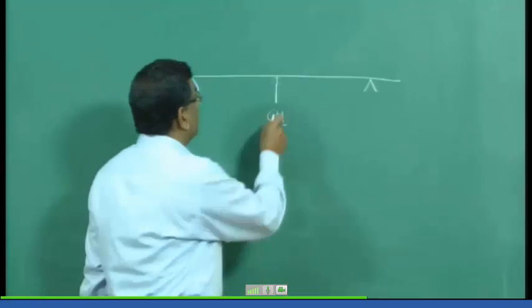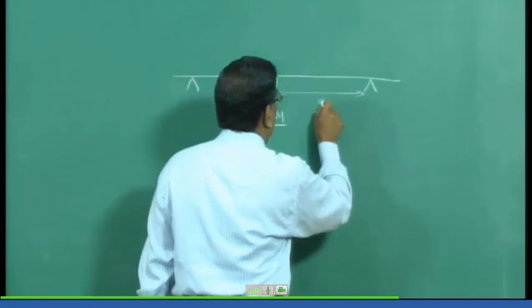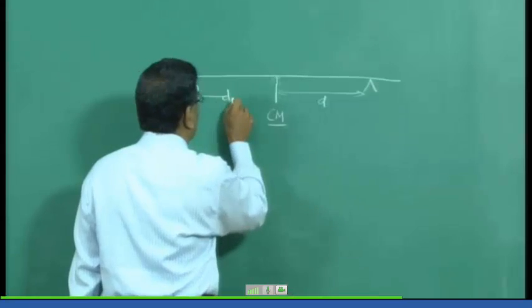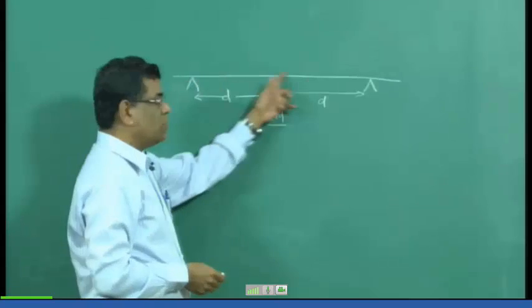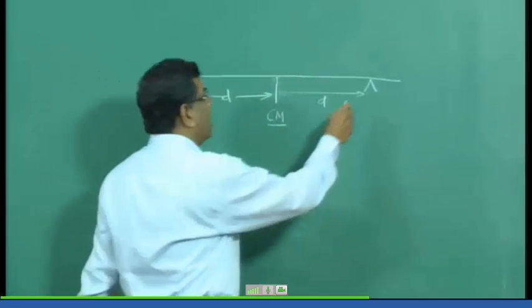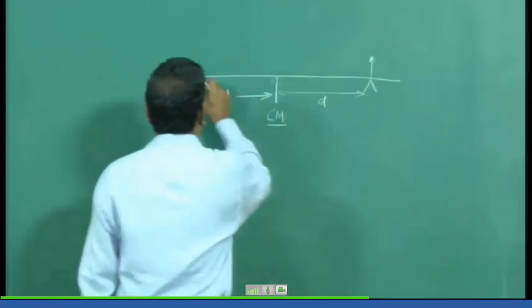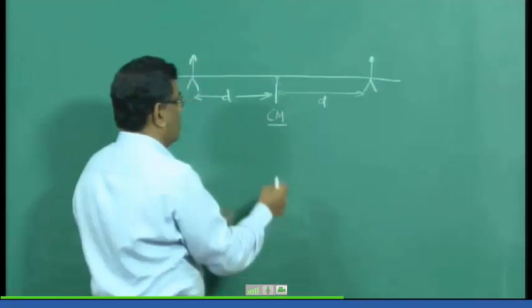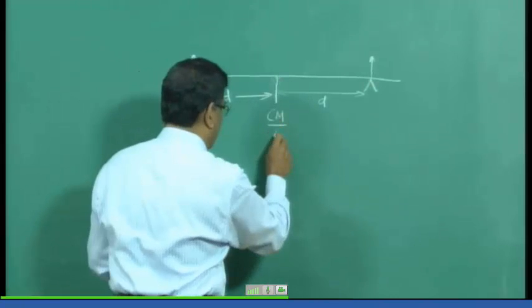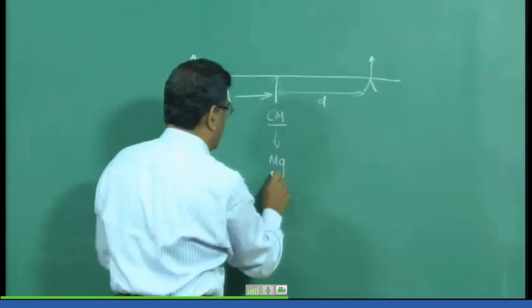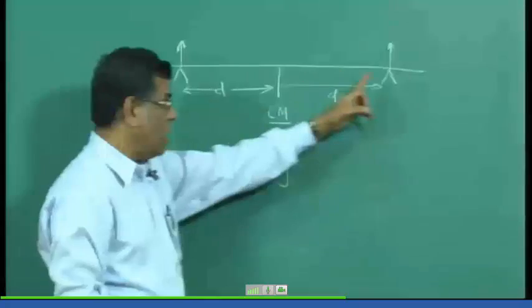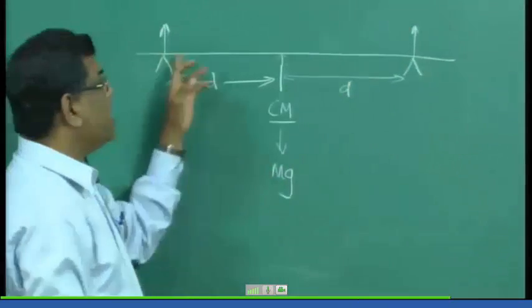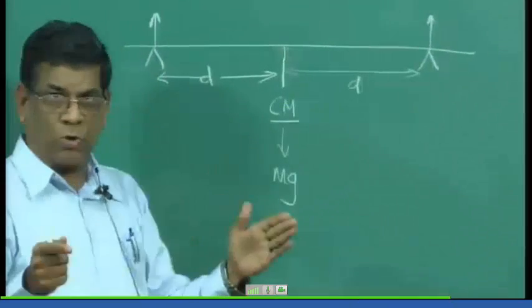Now if this distance and this distance are the same, the mass of this beam will be equally supported here and here. This mg is acting here, where m is the mass of the beam. You have a reaction here, you have a reaction here. They will be equal if I put the fingers at two equal points.